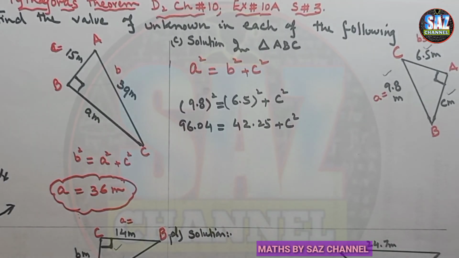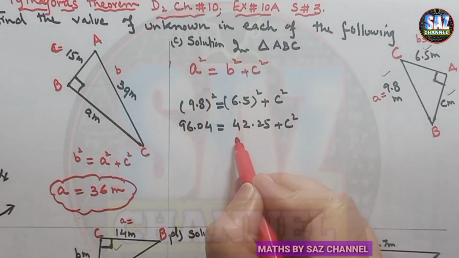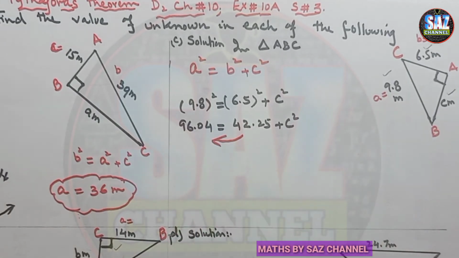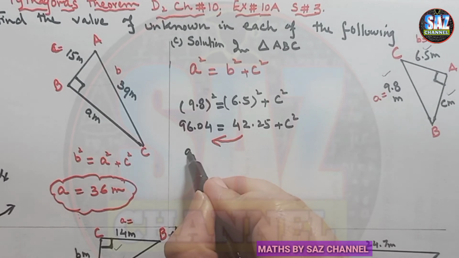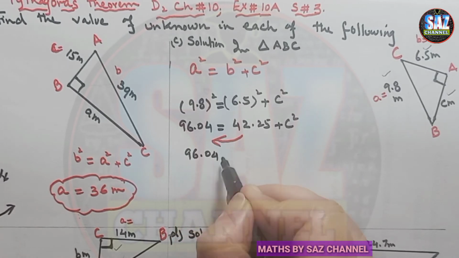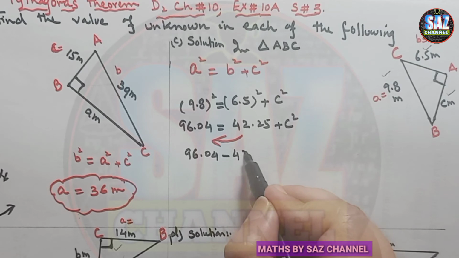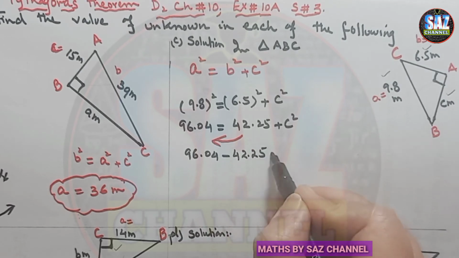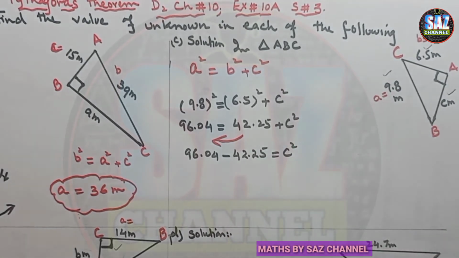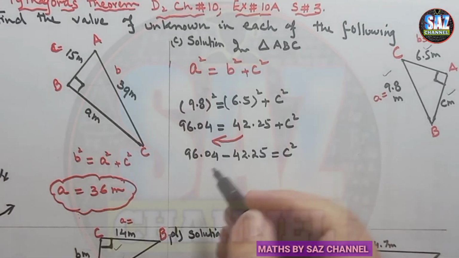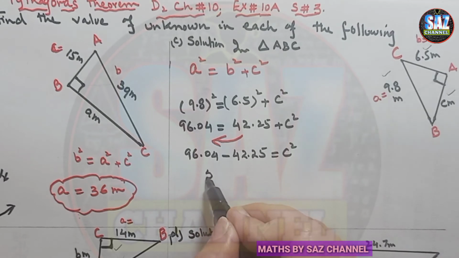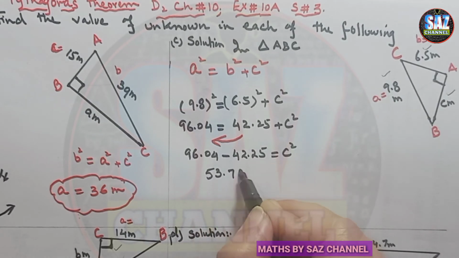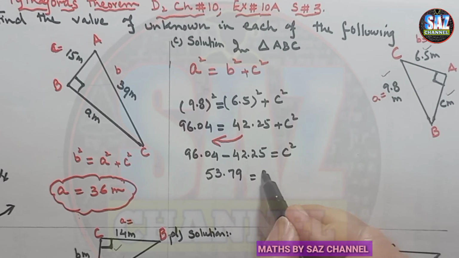Now shift this 42.25 to the other side and solve this simple equation, and the equation will take the form 96.04 minus 42.25 equals c square, and this gives me 53.79. 53.79 equals c square.